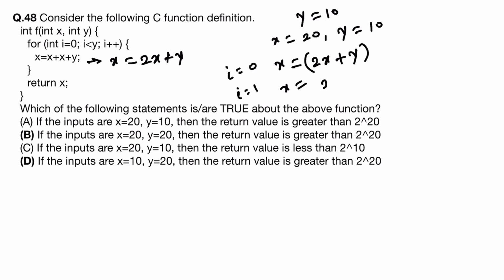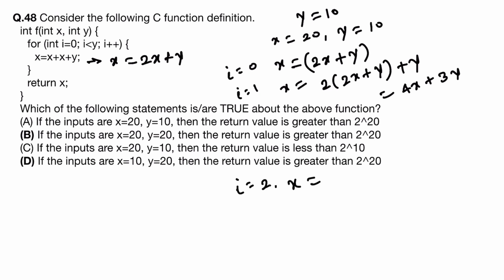So previous x is 2, 2x plus y plus y. Its value will be 4x plus 3y. i equal to 2, x will be 2 times 4x plus 3y plus y. This is 8x plus 7y.